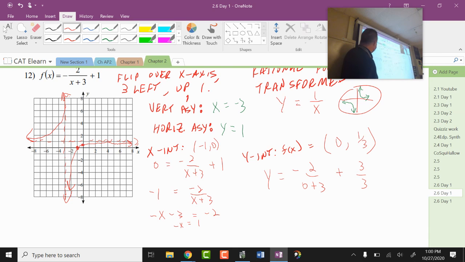Then as x approaches -3 from the left, where does y go? Positive infinity. And from the right side, negative infinity. Okay. And then domain would be everything but -3. Range in this case would be everything but 1, because there is that interruption there.